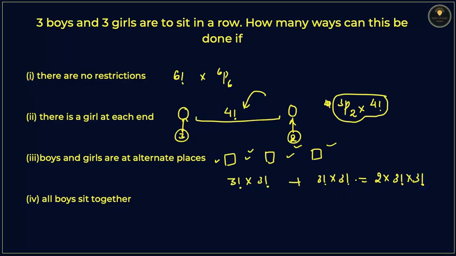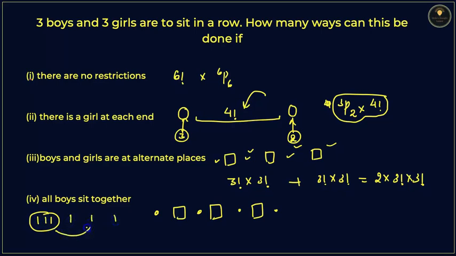In the fourth condition, it is given that all boys sit together. So we have 3 girls, and we have 4 options here, here, here and here where we can take those boys and sit. Or we can do the same thing with the help of the grouping concept. We take the group of boys and make a group of that, and then these 3 girls are distinct.